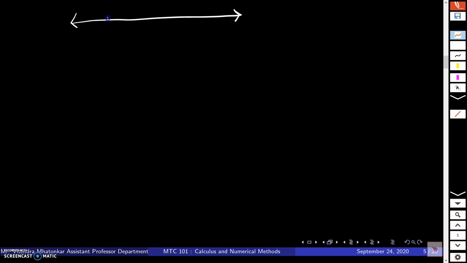So supposing this is my set A, those are the points of A, just assume that those are the points of A which are shaded in red. And now supposing I have an alpha here, supposing my alpha is lying here.